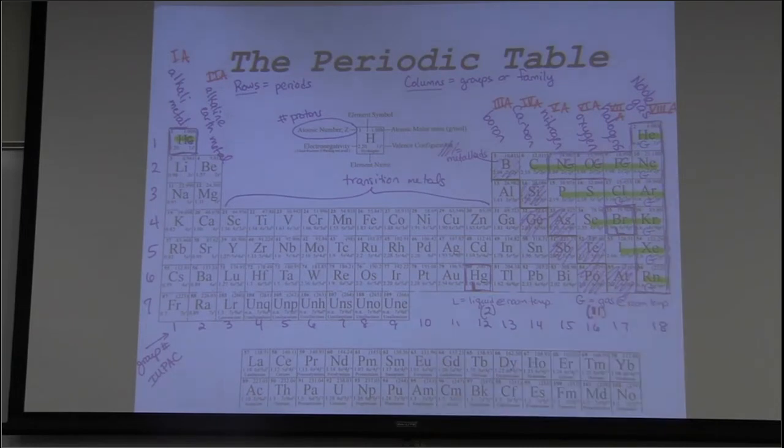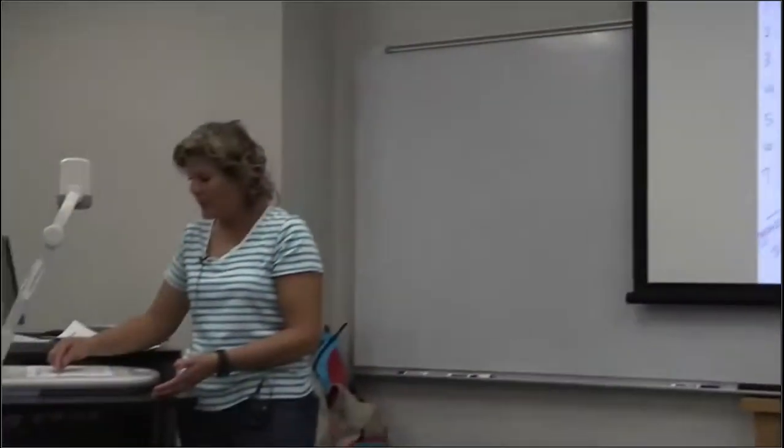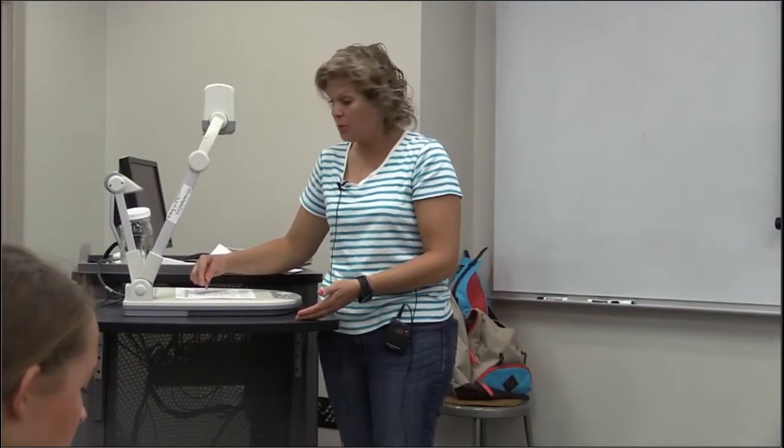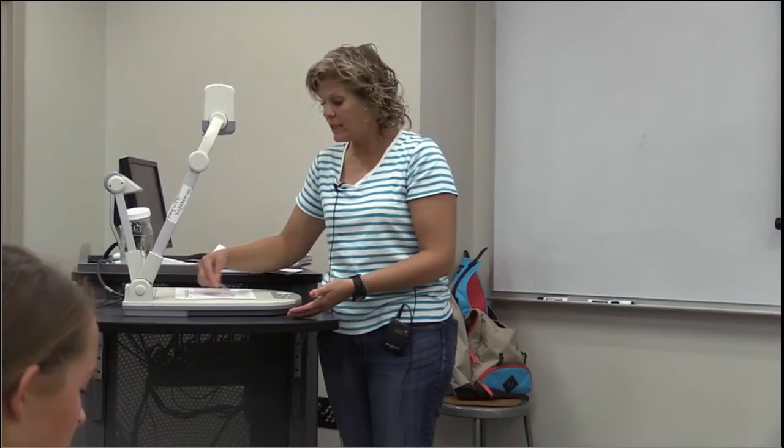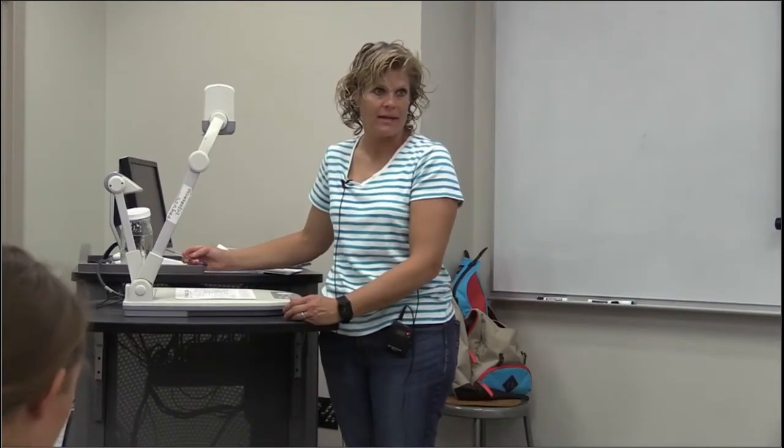Because alkali solutions or alkaline solutions are made by putting any of these metals in water. Anytime you put potassium, sodium, lithium, calcium in water, it's going to make a basic solution called an alkaline solution. That's where the term alkaline solution came from.